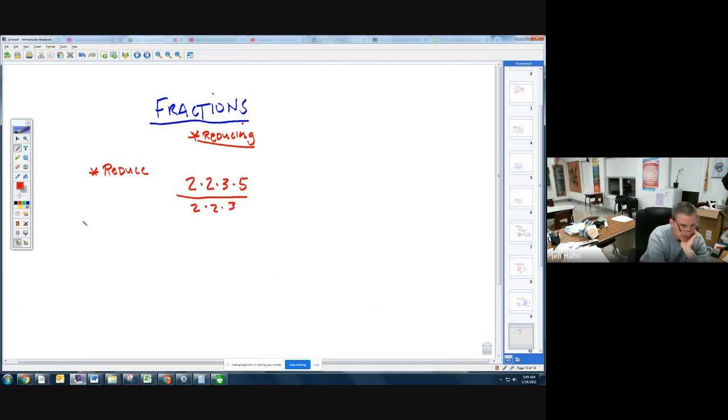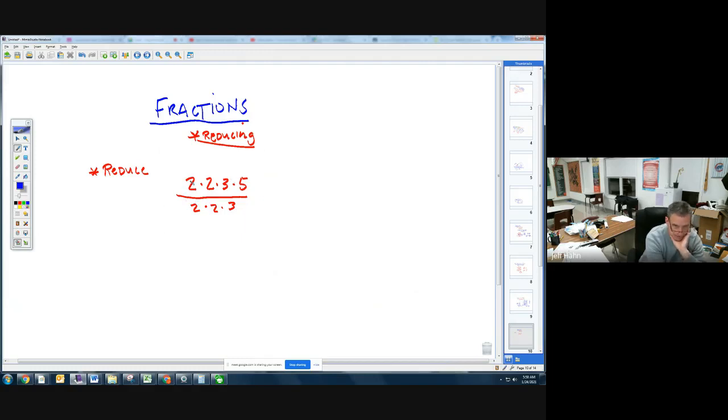The only thing you have to realize here is that basically they made numbers into just these little factors. If you wanted to remultiply this all out, 2 times 2 is 4, times 3 is 12, times 5 is 60, over 4 times 3, which is 12, and they'd ask you to reduce that. Well, they're just going to have you reduce it before you multiply.